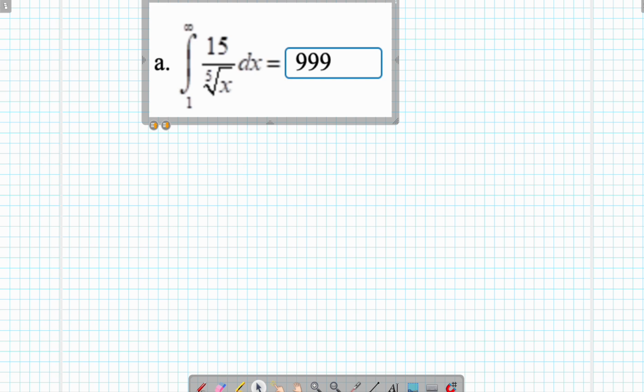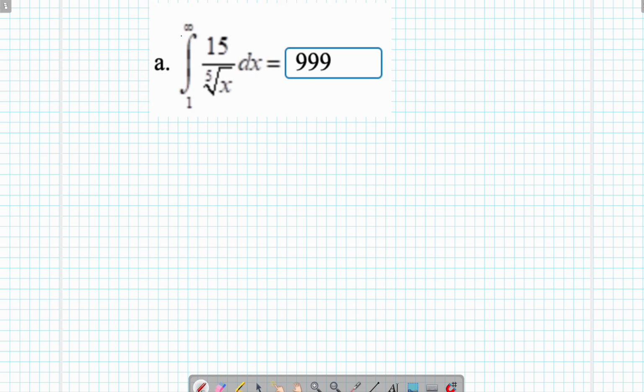So first let's set the limits, right? Since here it's infinity, we cannot have that on an integral, so we're just gonna put it as b, so the limit as b goes to infinity. Simply what we're gonna do here, keep it like normal, but instead of infinity we're gonna put b, and then 1 here, and then 15 times x to the negative 1 over 5, and then just integrate it like normal.